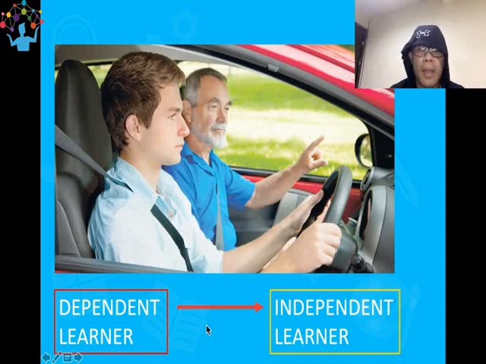But later on, as the driving instructor observes that you're already good, he will slowly allow you to drive without interrupting. So the goal is that from being a dependent learner, you lead the children to become independent learners. The children will be able to solve things on their own, do activities on their own. Okay, good.